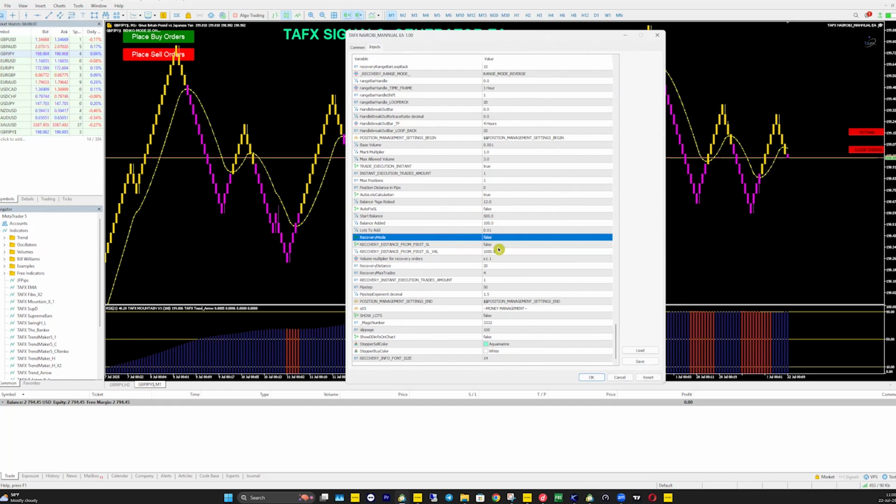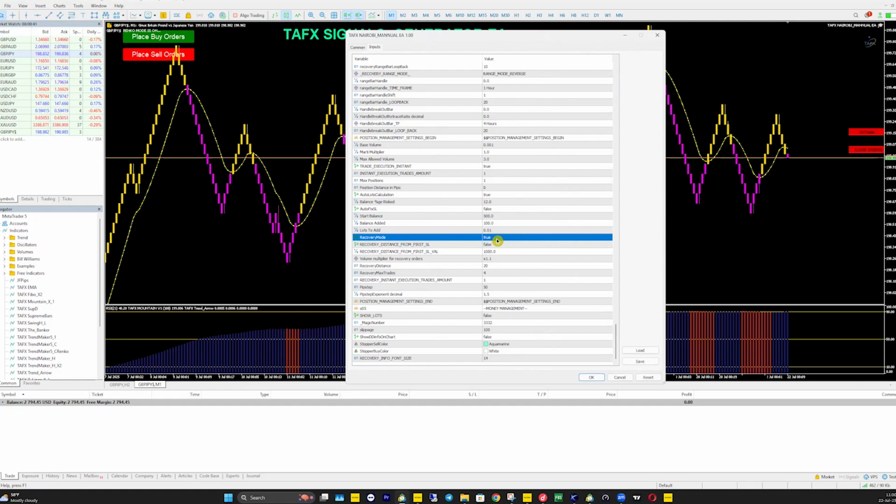We cannot say that if I set a distance of 5 points, it will be 5 points for all brokers. For some brokers it will be 5 pips. So it is good to test this on your demo account, so that you can see what exactly your broker is all about, whether it is pips or points, and also to see the benefit of using the recovery mode. So we are going to start with recovery mode 1.